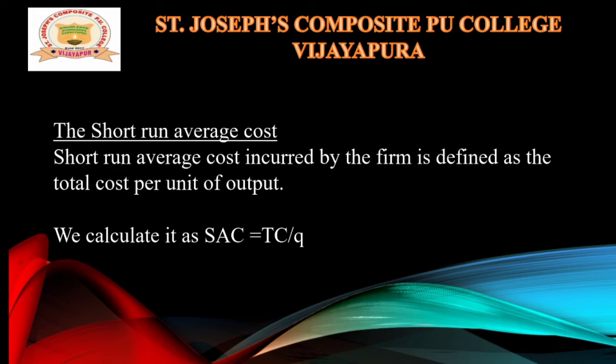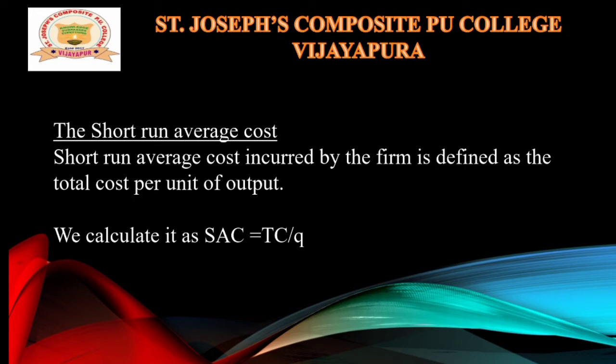So the total cost incurred per unit of output is called short run average cost, or we can say that average cost is the per unit total cost of production. As a result, we obtain short run average cost.